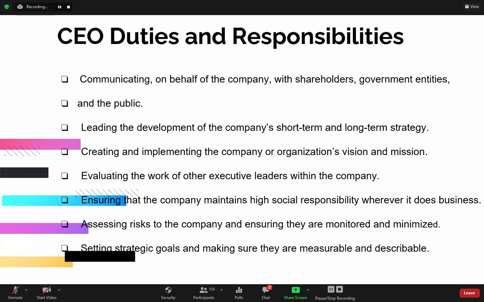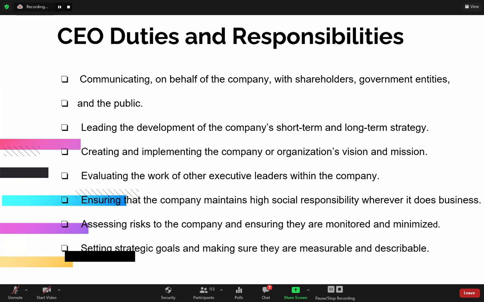This includes the CFO or the COO, and he or she also ensures that the company maintains high social responsibility wherever it does business. To add on that, he ensures that the organization and its mission, programs, products, and services are consistently presented in a strong, positive image to the relevant stakeholders.